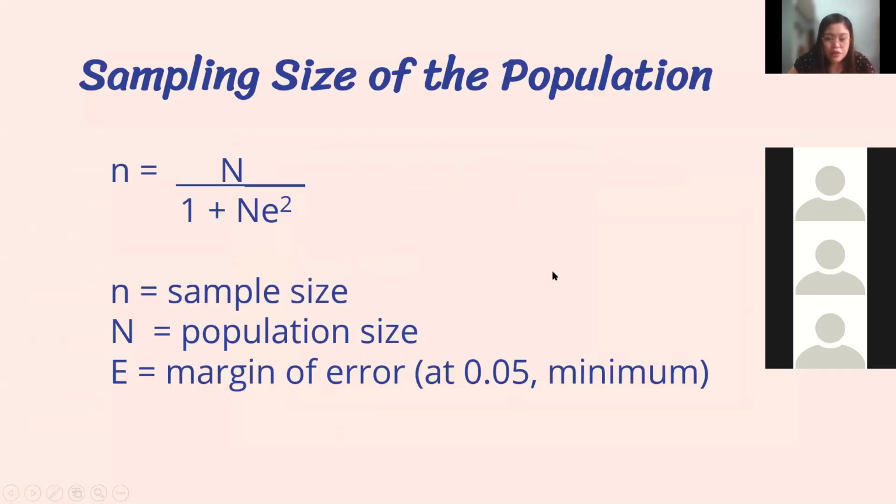I think I will teach this to you in stat, but let's just have a review. Again, small n is the sample size, and capital N is the population size. E is the margin of error, and most of the time our margin of error is 0.05, or 5%.